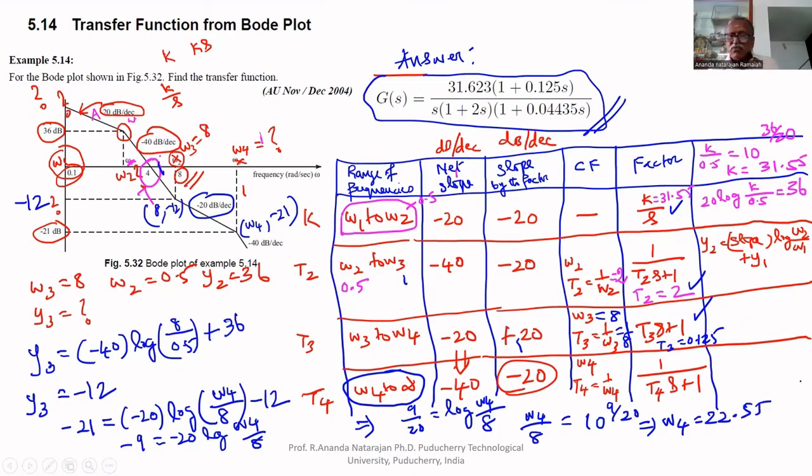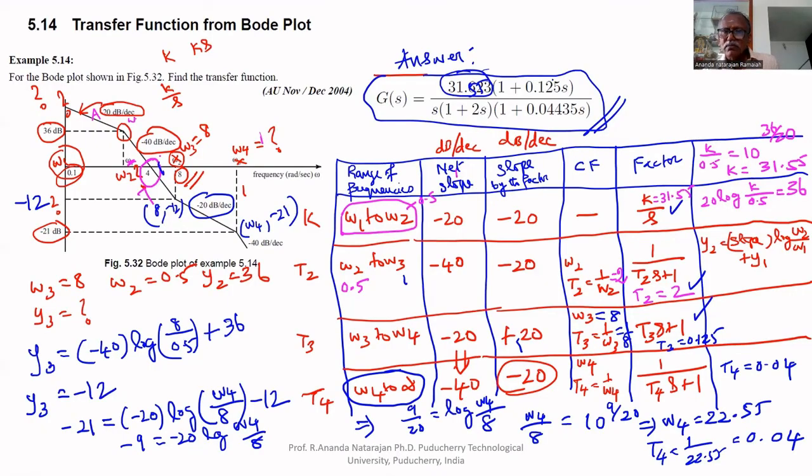Therefore, T4 equal to 1 by omega 4, T4 equal to 1 by 22.55 equal to 0.04. So we found all parameters. So we got the transfer function. K equal to 31.55.